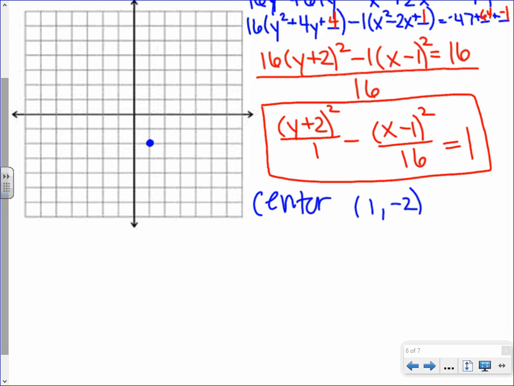Our denominator is 1 underneath of the positive term, which means a is what? Kind of boring.